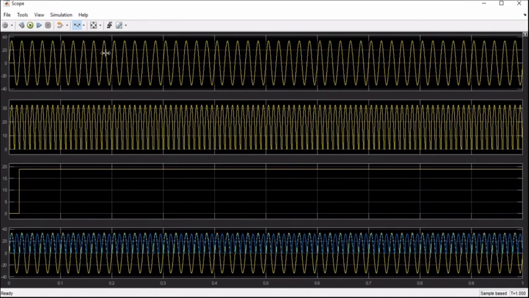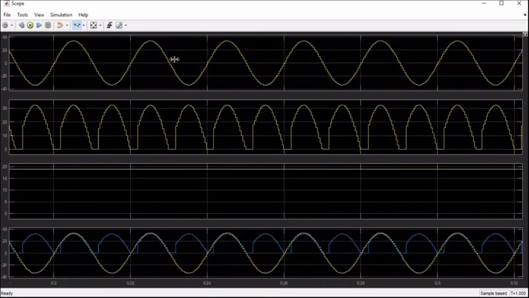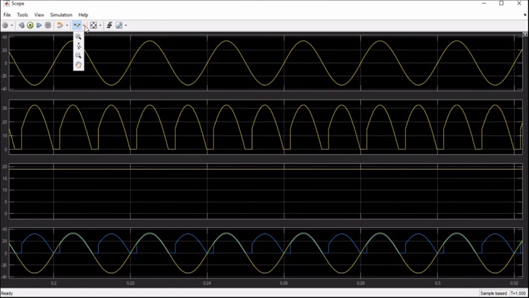If we want to see closer values, we can select like this by using this dragging button. So this is the input voltage which is given to the thyristors. 24 volts input we are giving here, and this is the output voltage we are getting from the single phase rectifier.